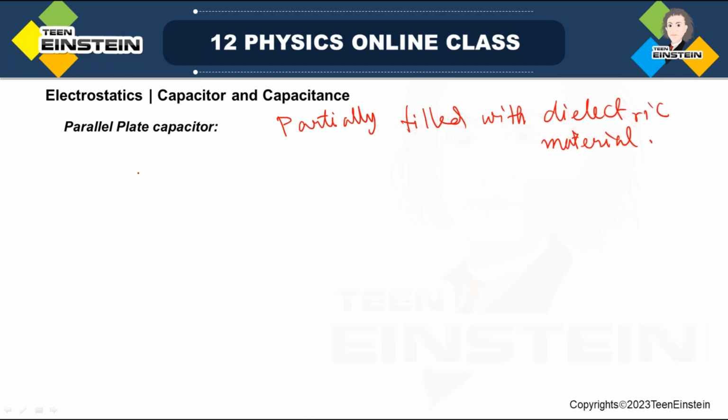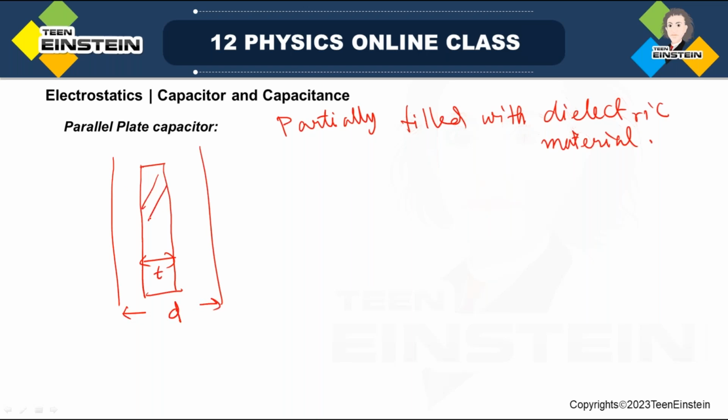The figure is something like this. These are two parallel plates, and suppose there is a dielectric material of thickness T. The total separation is D. This is a dielectric material of constant K, and the rest of the space is air.